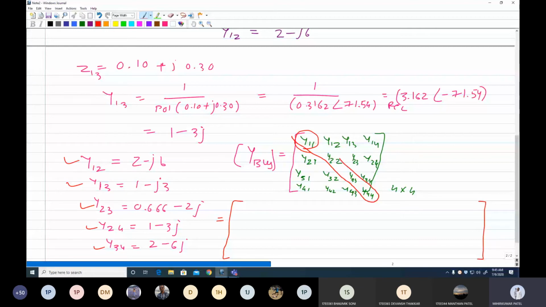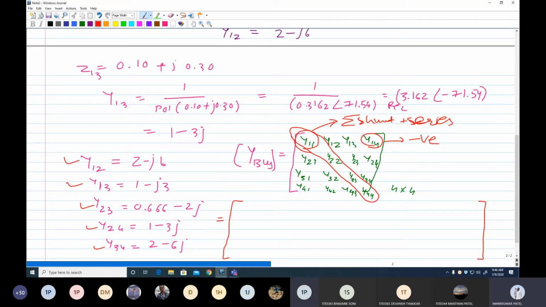From the previous theory, we derived that the diagonal element is the summation of the shunt plus series elements. Off-diagonal elements are the same but negative in magnitude.